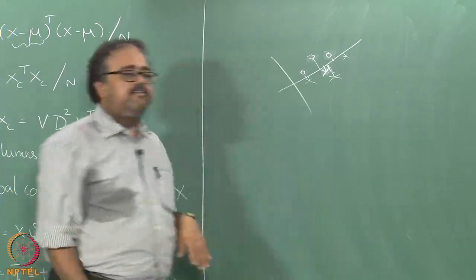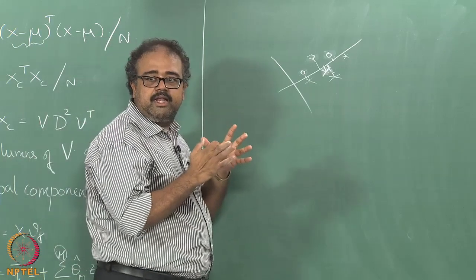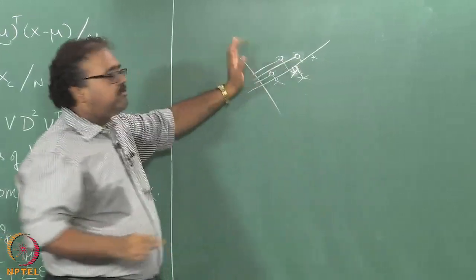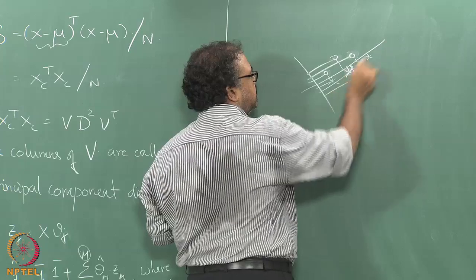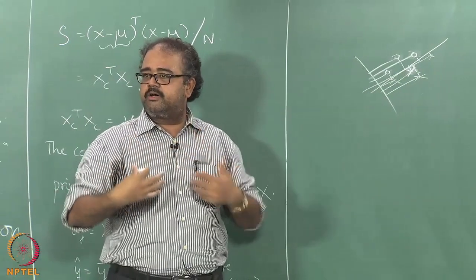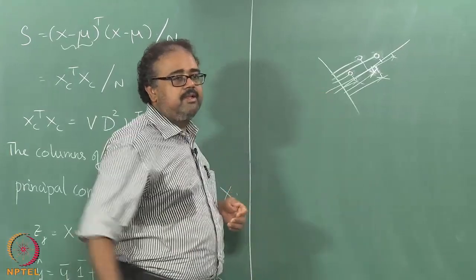On the other hand, if you project onto a direction like this, the variance is much smaller, I agree, but if you think about it, all the -1s go to one side and all the +1s go to one side. So if I want to do a prediction on this, it will be like this side is -1 and that side is +1.